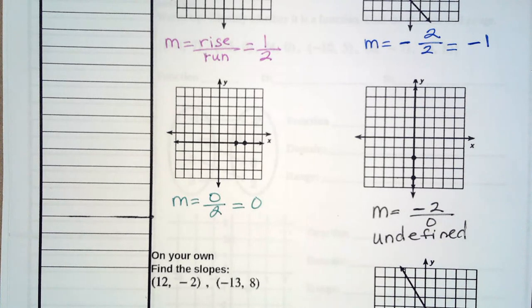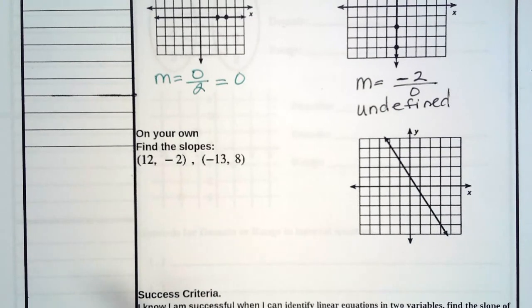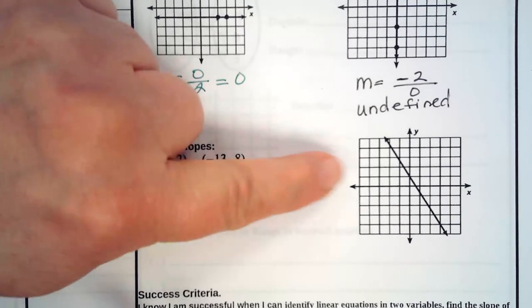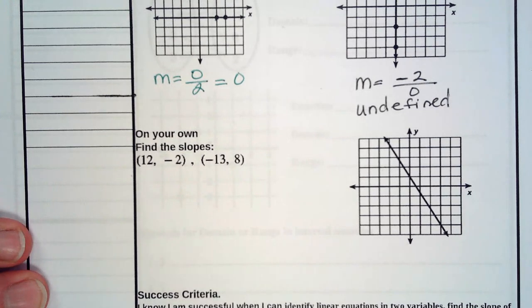Okay, you've got two problems to try on your own. Please pause the video and see if you understand how to find the slope on the set of points and on the graph. So pause the video now, please.